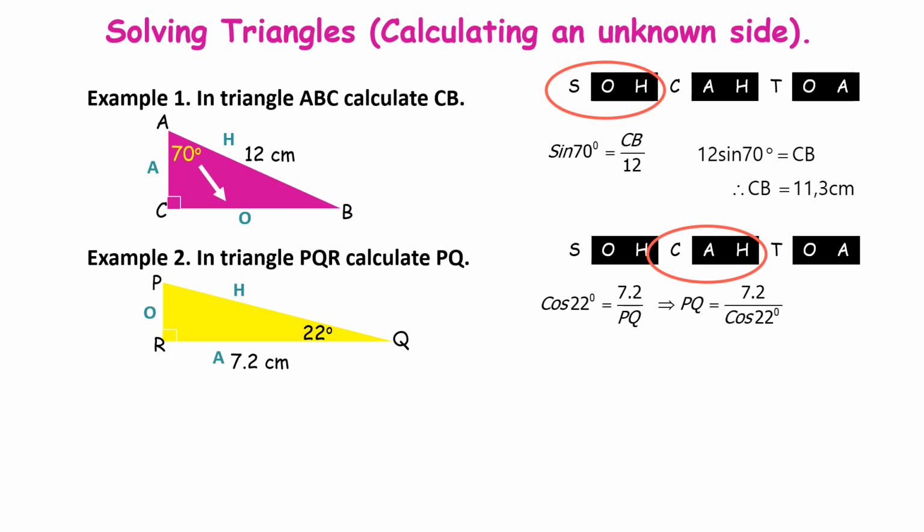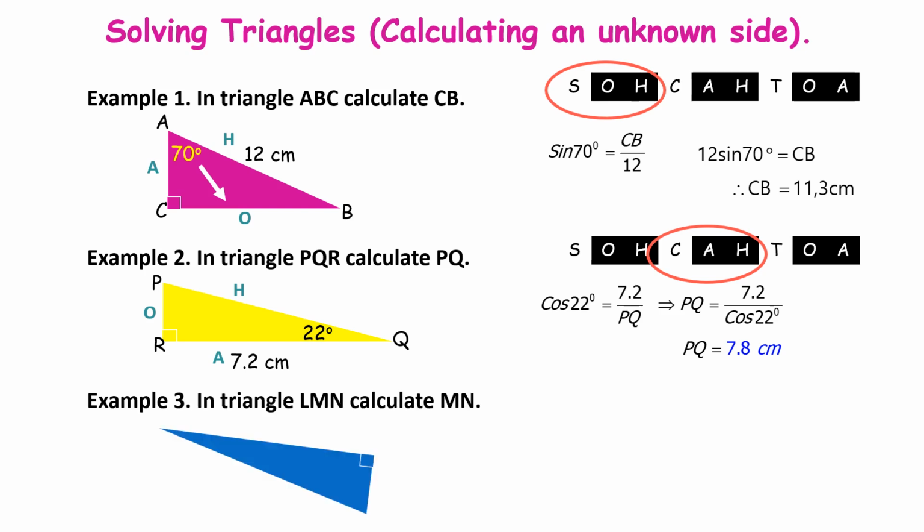So to calculate PQ, we're going to go 7,2 divided by cos 22. And if you type it into your calculator exactly as you see it, correct to one decimal place, you'll get 7,8 centimeters. Let's try one more example where we calculate the unknown side.